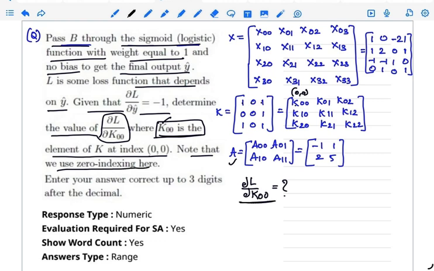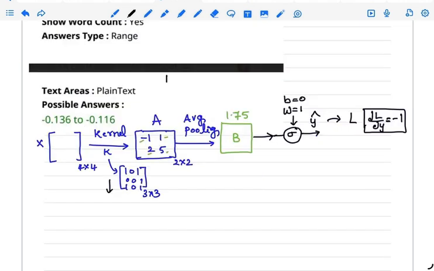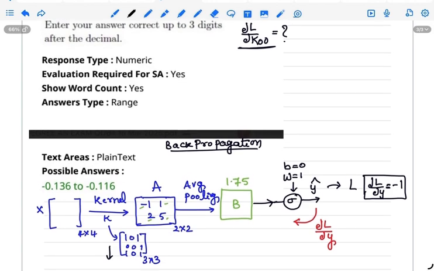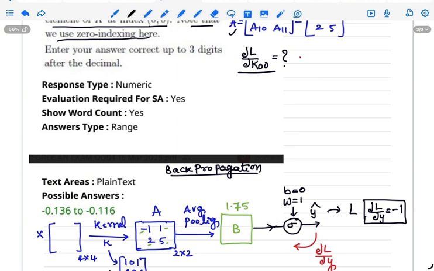So they are asking to find the differentiation of loss with respect to filter k 0 0. This question is related to backpropagation. So dou L by dou k 0 0 equals to dou L by dou y hat, first start with differentiation with the y hat output, times dou y hat by dou b.